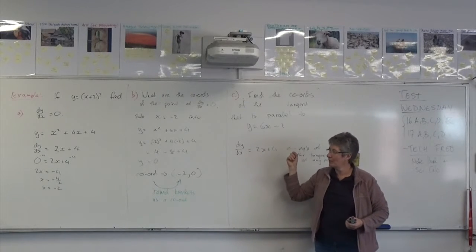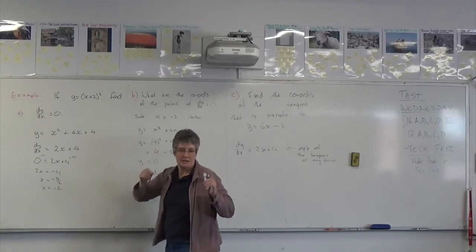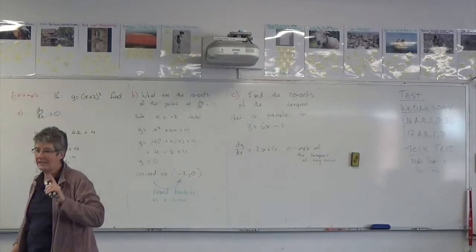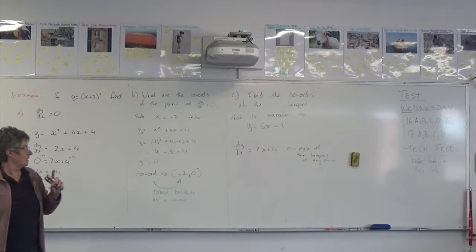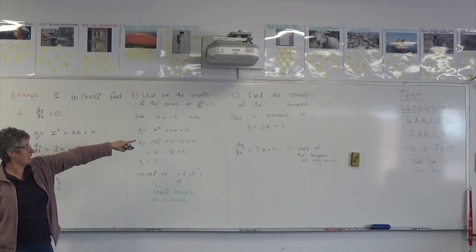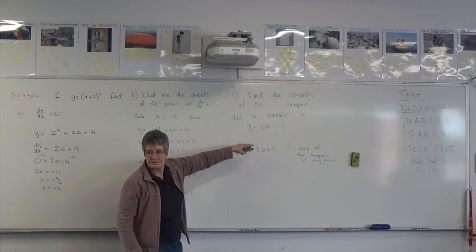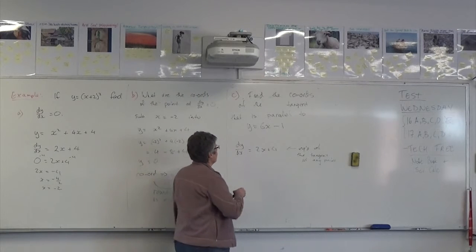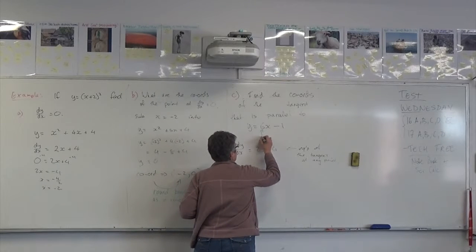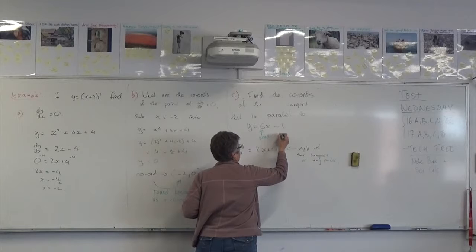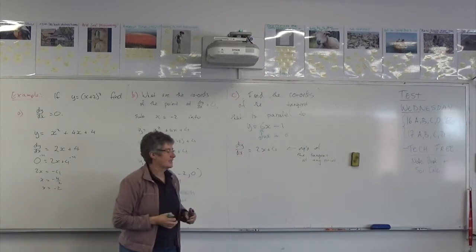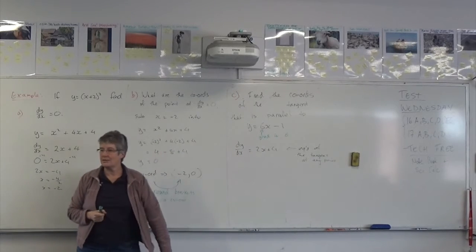It's a tangent, but what else is it? It's the gradient. What do we know about the gradient of this equation? It's 6. So what do we want dy/dx to equal?